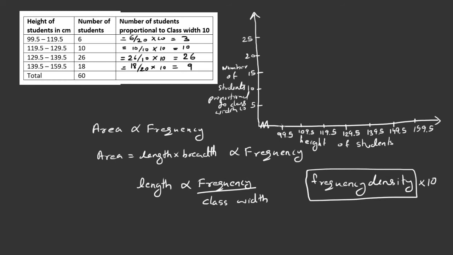From 99.5 to 119.5 it is 3. So I have to draw like this. From 119.5 to 129.5 it is 10. From 129.5 to 139.5 it is 26. From 139.5 to 159.5 it is 9. So this is a correct histogram for this data.